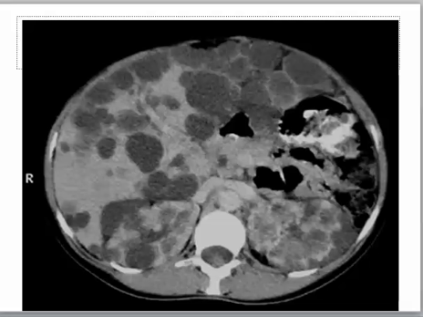Here is another example of adult polycystic disease of the kidneys, with the liver and pancreas polycystic disease.